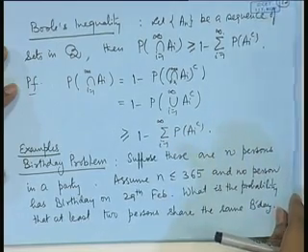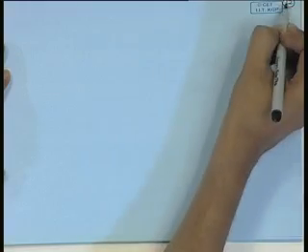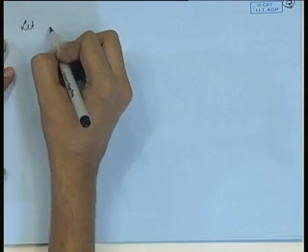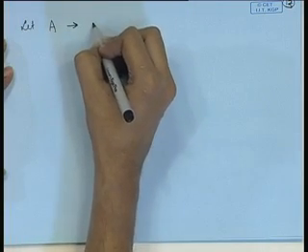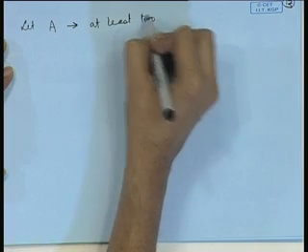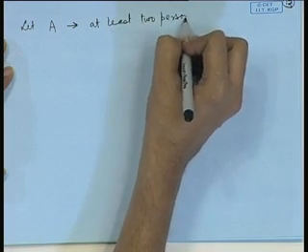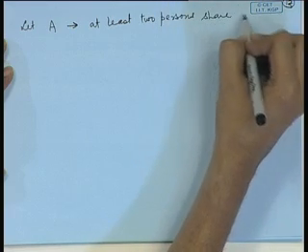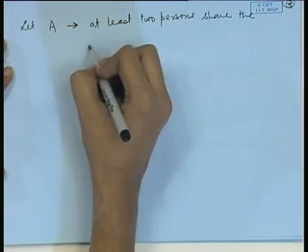Now, in order to analyze this problem, let us consider the set theoretic description. Let us consider A to be the event that at least two persons share the same birthday.